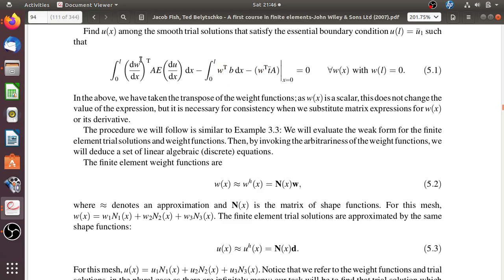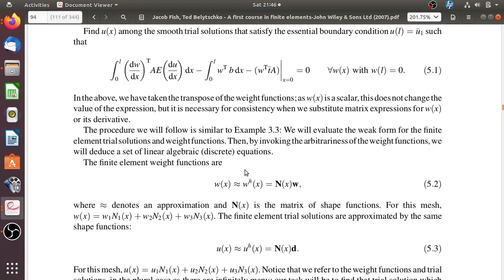And since we are putting this w in the form of transpose, so this w is equal to this, and w transpose is equal to w, okay. So the transpose of this whole thing is equal to w transpose into N transpose, okay.